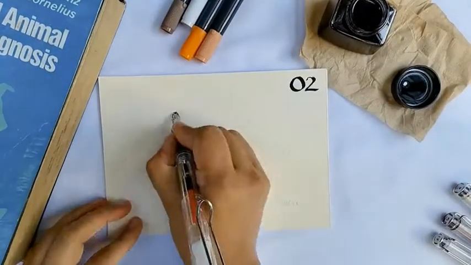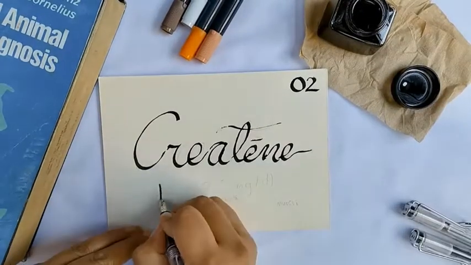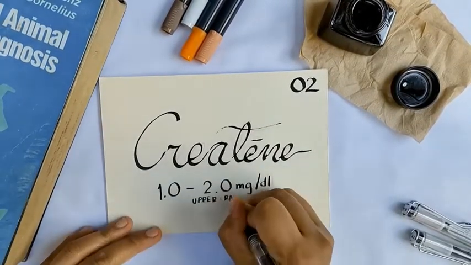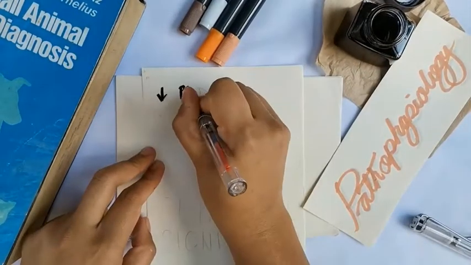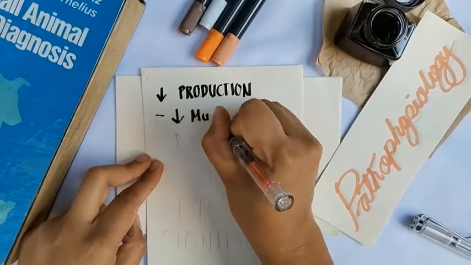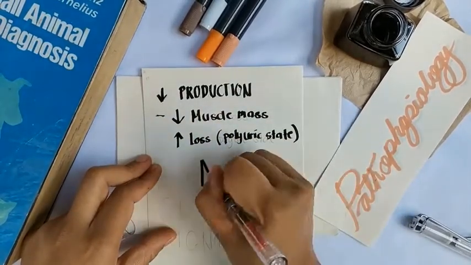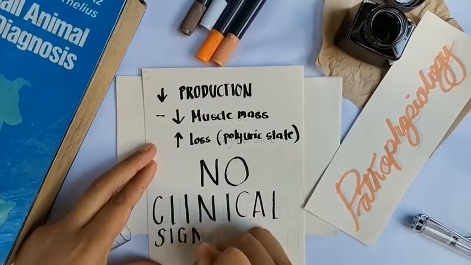Number 2. The creatinine. Creatinine is formed largely in the muscle. The upper range is generally considered to be from 1 to 2 mg per deciliter. Decreased creatinine can result from decreased production due to reduced muscle mass or increased loss from a polyuric state, but there is no clinical significance reported.